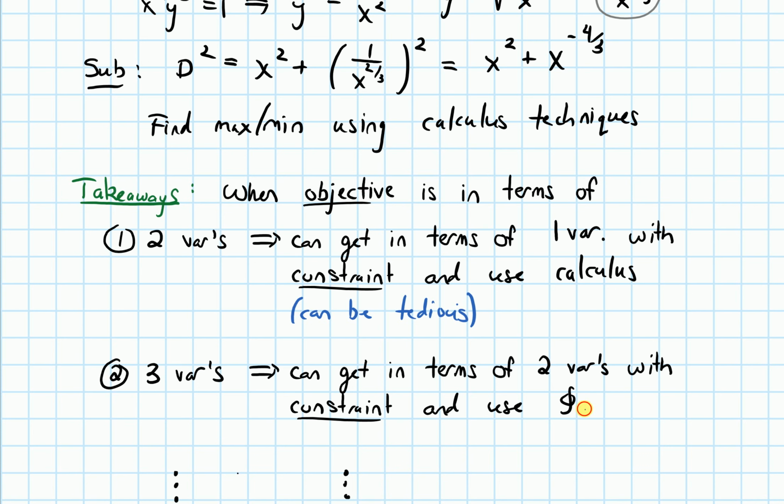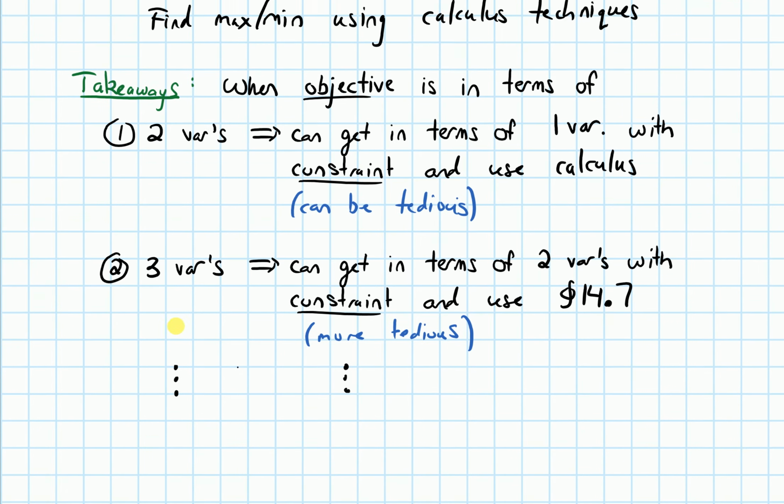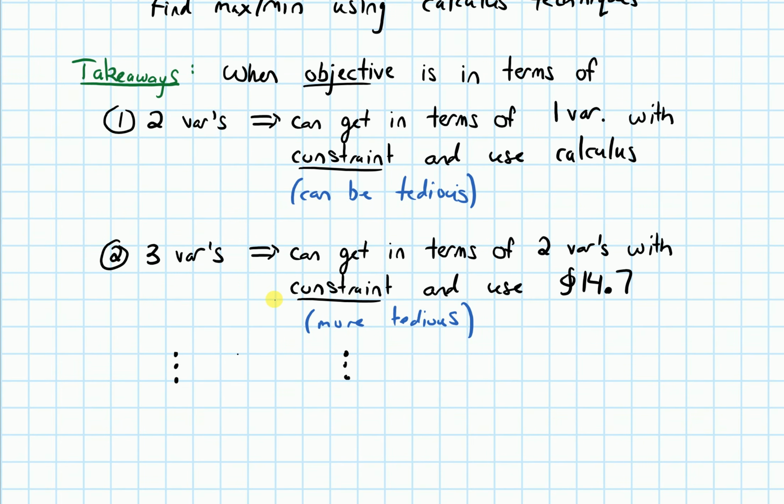We would use section 14.7 methods for finding an absolute max and absolute min of a multivariable function. But as we saw in section 14.7, that's even more tedious than finding the min or max of a one-variable function like we did in calculus. So overall, the more variables we have, the more tedious using multivariable absolute max and absolute min methods would get. So we would like an alternate method.